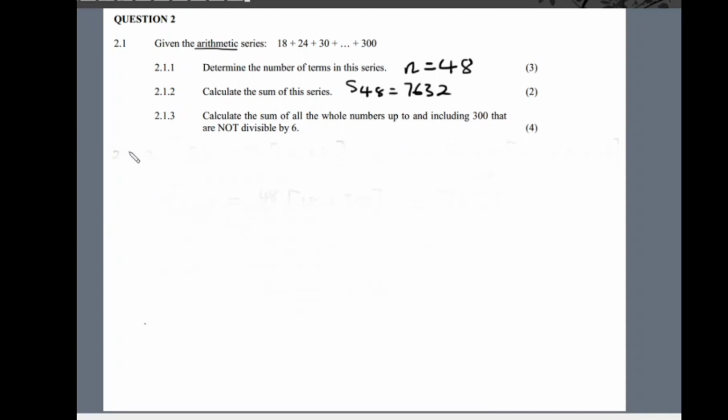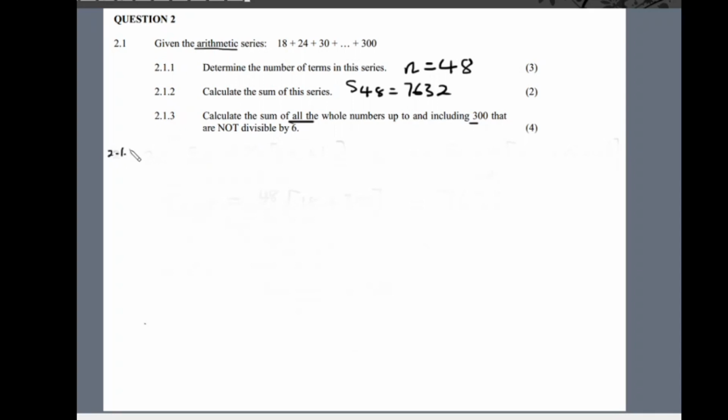Here they want us to calculate the sum of all the whole numbers up to and including 300 that are not divisible by 6. So the way of approaching this question is, first we need to calculate the sum of all the whole numbers, including those that are divisible by 6, right?